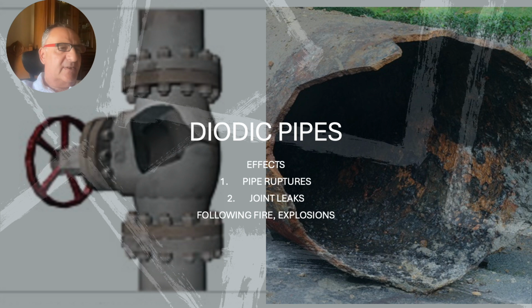And the consequences are sometimes devastating, since the effects are not only pipe ruptures and joint leaks, but they can also lead to fire and explosions, with risk to the lives of workers and, depending on how big the plant is, to the population.